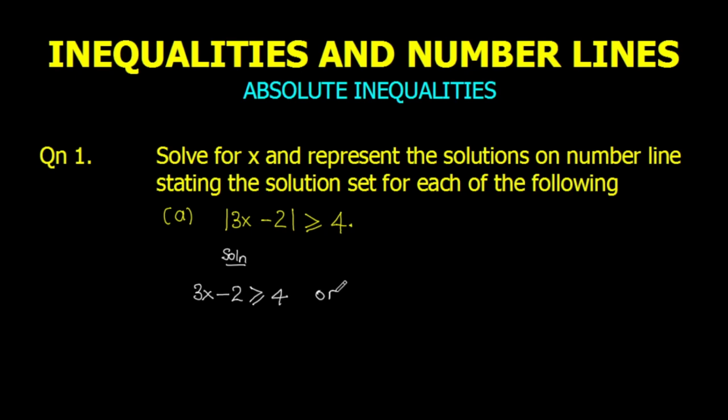Now the second inequality we can write from this absolute, from the definition I've just mentioned, is we also write what is inside here, and that is 3x minus 2. This time we will reverse the sign and we have less than or equals to. Then the number here, or this constant, we reverse the sign from positive to -4. So that is the first approach.